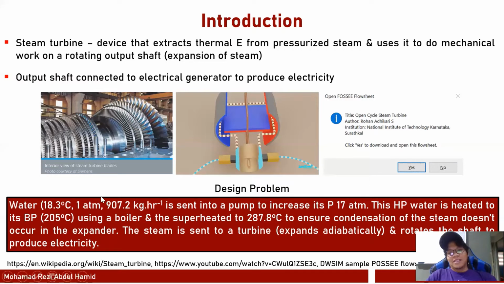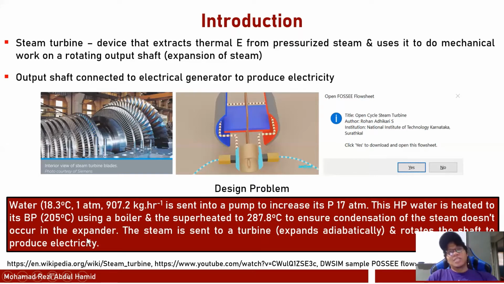Then this steam is superheated to 287 degrees at the same pressure, to ensure that condensation of the steam does not occur in the expander, which is your turbine. Lastly, the steam is sent to the turbine, where it expands adiabatically and rotates the shaft to produce electricity.